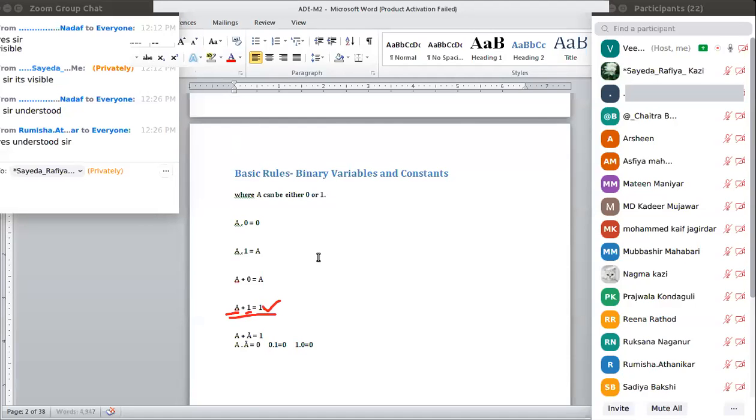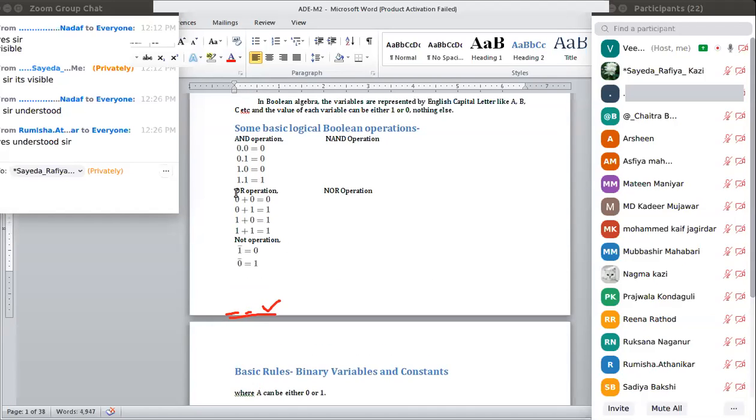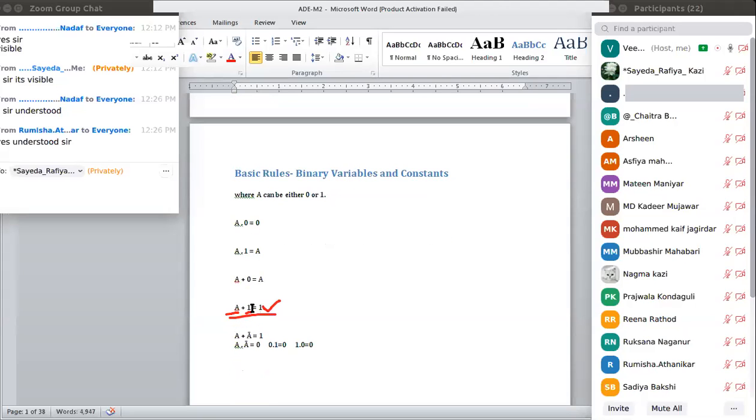In this OR operation, if one input is high, the output is always high, whether the other input may be 0 or 1. So here one input is always high, so definitely we will get the output as high, always 1, whether the A may be 0 or 1. 0 plus 1 is 1, 1 plus 1 is 1.